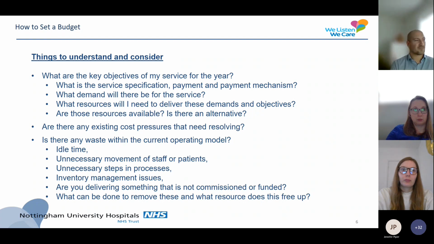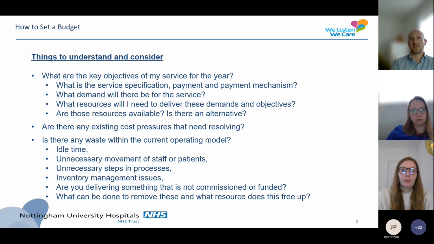I said unnecessary steps in processes, it's called overhandling, is the management jargon, but if we're doing stuff more often than is necessary, so that could be ordering tests.